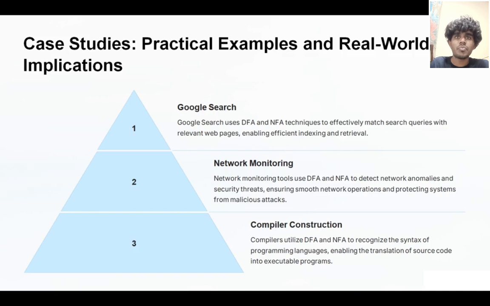Network monitoring: network monitoring tools use DFA and NFA to detect network anomalies and security threats, ensuring smooth network operations and protecting systems from malicious attacks. Compiler construction: compilers utilize DFA and NFA to recognize the syntax of programming languages, enabling the translation of source code into executable programs.